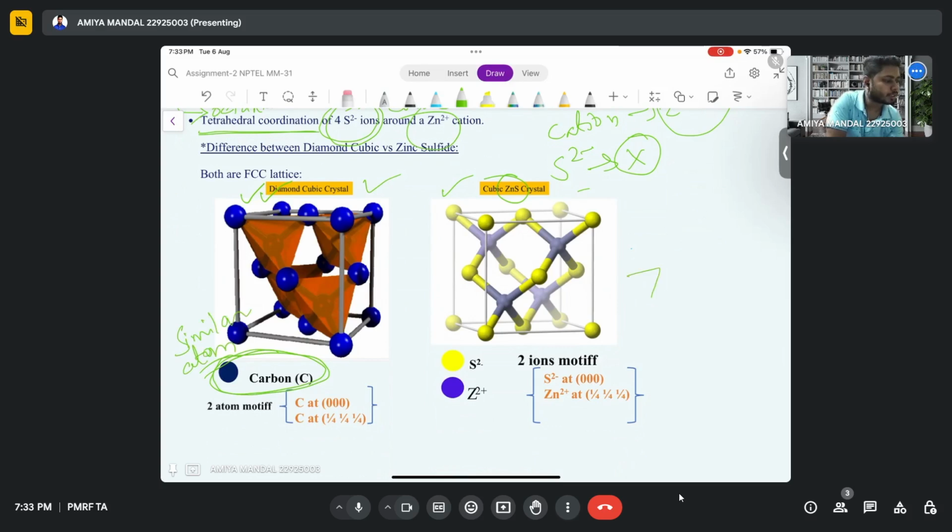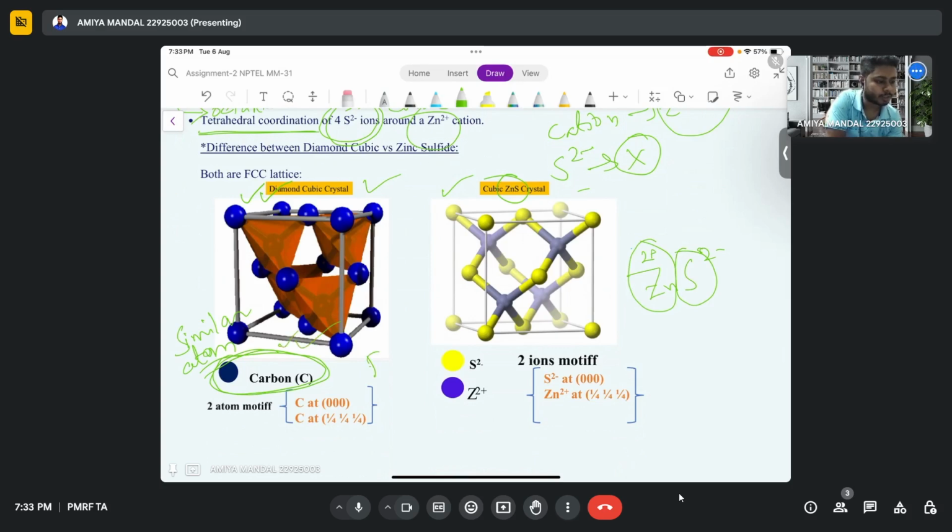But for ZnS, they are not similar. They are S2- ions and Zn2+ ions. So different types of ions are there, so the structure must be different.